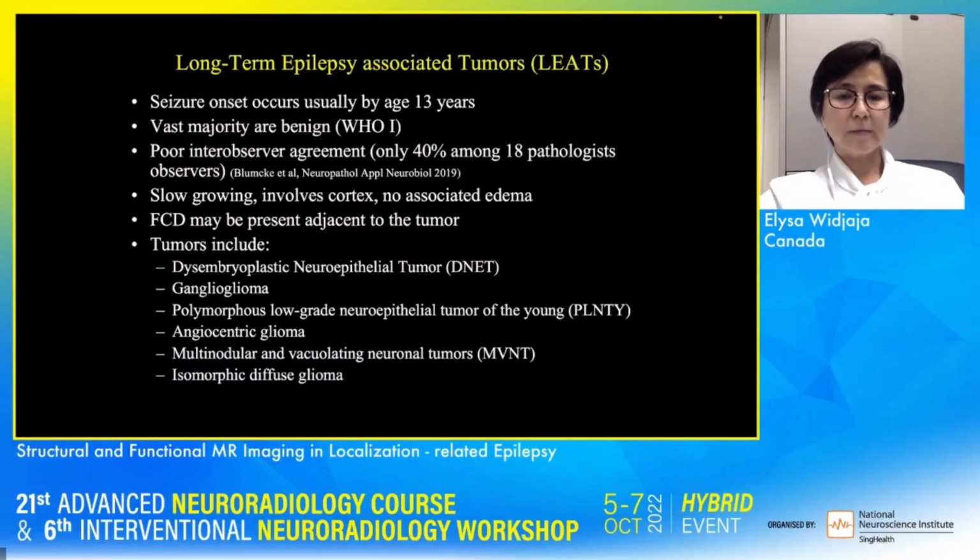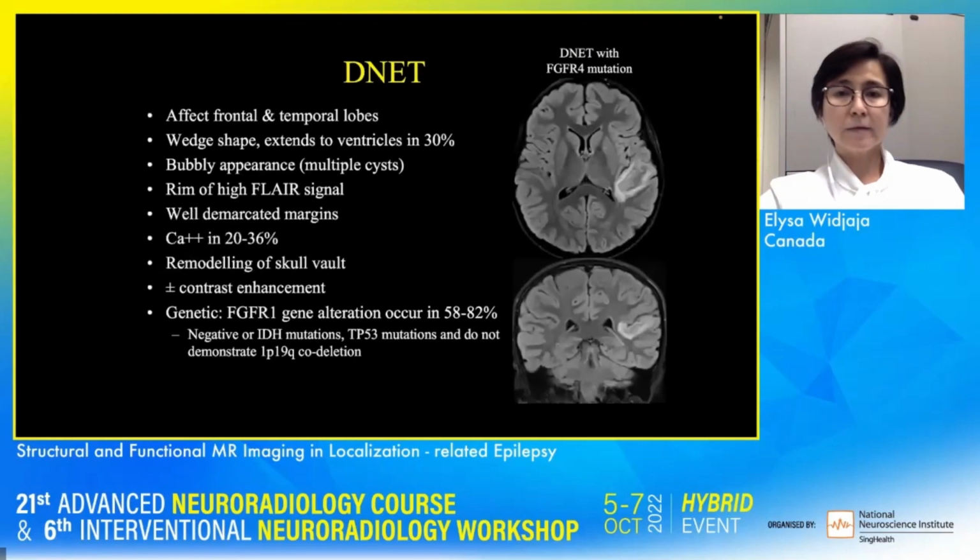Focal cortical dysplasia may be present adjacent to the tumor in about 5 to 10% of cases. These tumors include dysembryoplastic neuroepithelial tumor or DNET, ganglioglioma, polymorphous low-grade neuroepithelial tumor of the young or PLNTY, and angiocentric glioma. So let's have a look at each of these tumors.